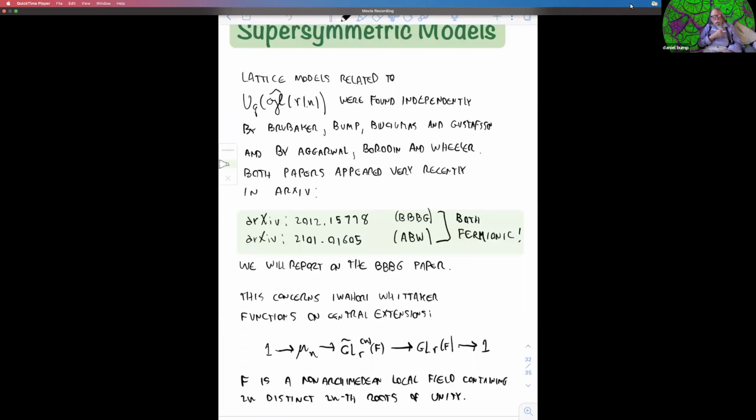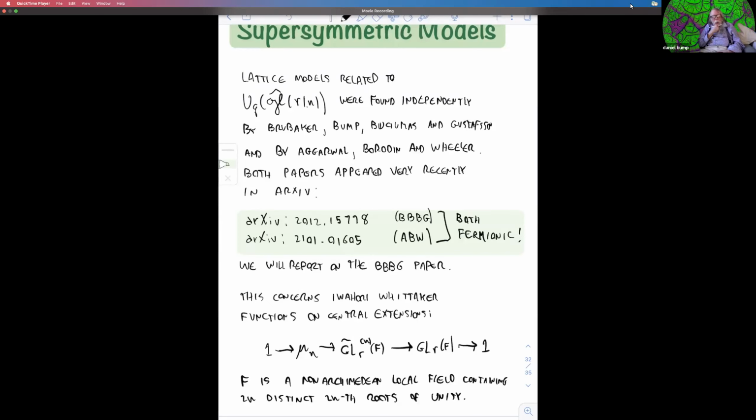One was by us, and the other one was by Aggarwal, Borodin, and Wheeler. They both have models for this quantum group, which may be very closely related to each other. It's not certain that they're the same thing, but they're very close.